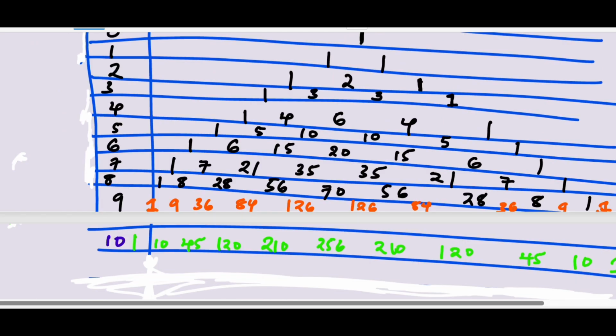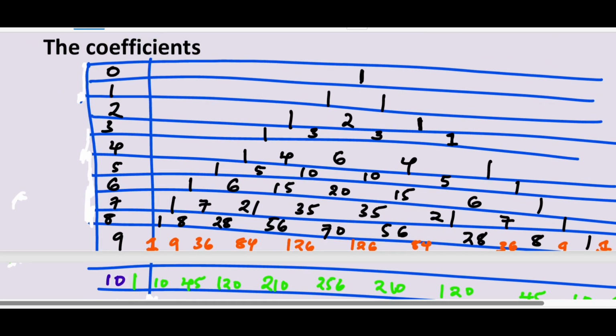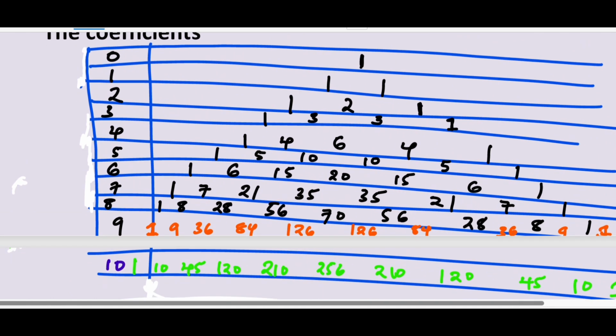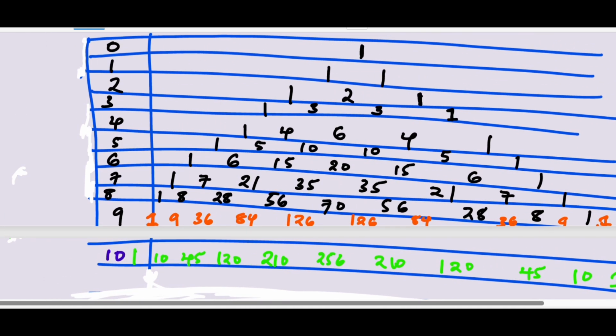So these are the coefficients from power 0 up to power 10, which we are going to use as we do the expansion. But don't struggle to come up with this table, because in your mathematical table there is a table that analyzes the coefficients from power 0 up to, I think, power 10.